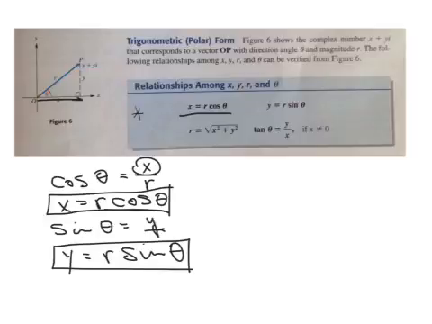We also know, according to Pythagorean, that our hypotenuse is going to equal the square root of x squared plus y squared, and we also know that our tangent is opposite over adjacent, or y over x. Now that's old stuff. Alright, so let's turn the page and get moving along with this.